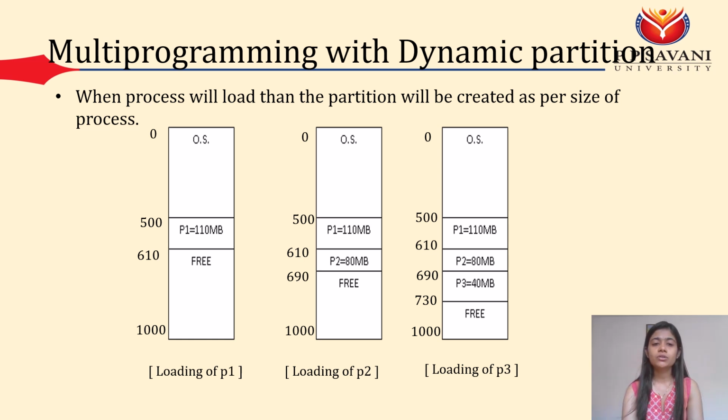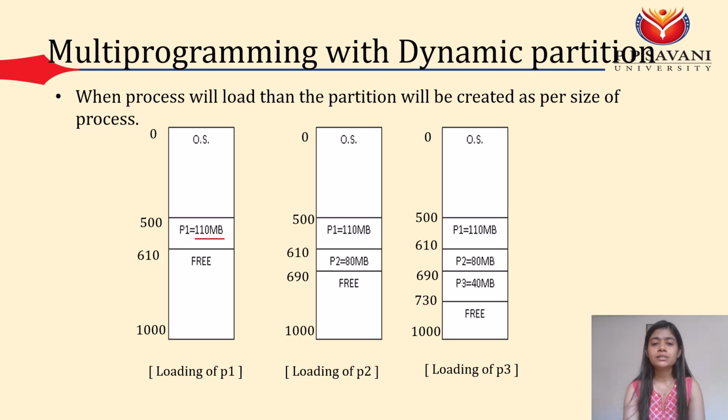Initially the whole partition was free. After that, P1 is loaded into the memory, and one partition is created at address space 500 to 610, which is the size of 110 MB. And the address space 610 to 1000 is currently free. Now let's say the next process comes into the picture.